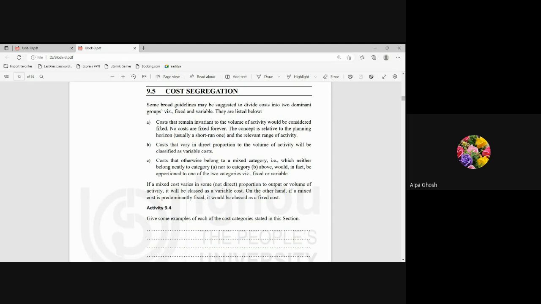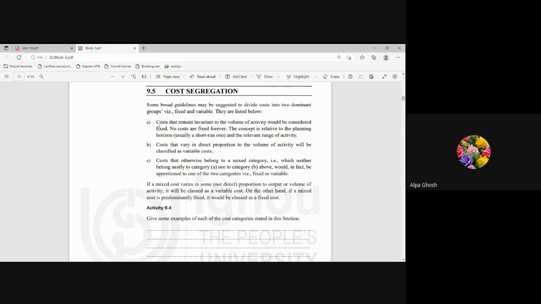For example, for producing 1 unit of a product, you require 2 units of raw materials. If you prepare 2 units of product, then you require 4 units of raw materials. For 3 units of product, you require 6 units of raw material.